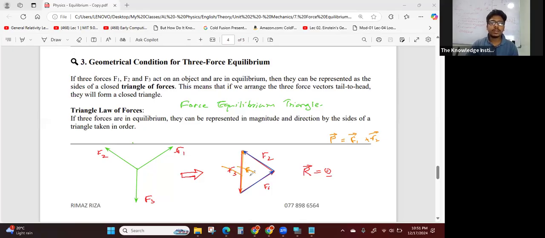So the overall resultant will be 0. You can write down that. Therefore the sum of F1 plus F2 plus F3, the resultant is 0, null vector.